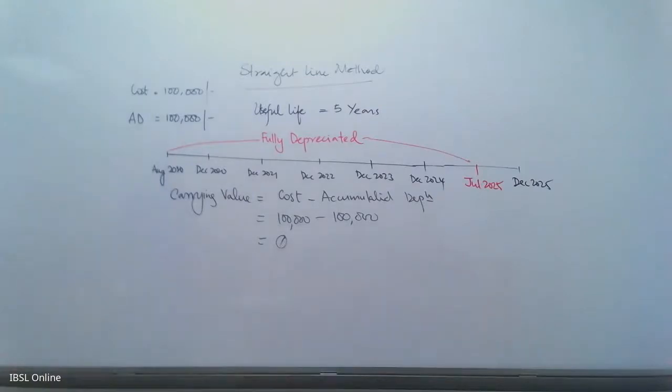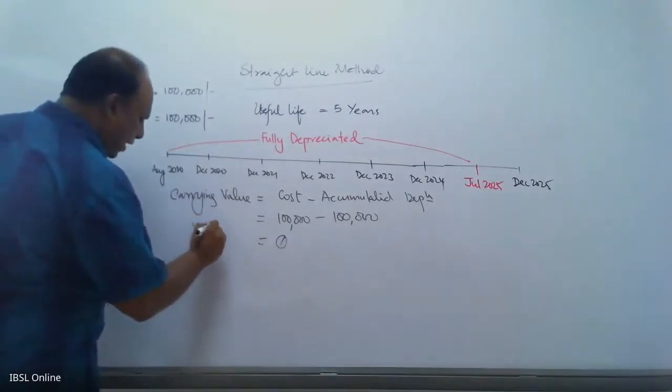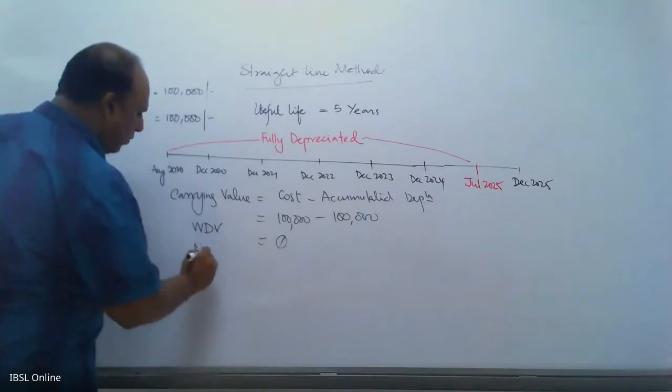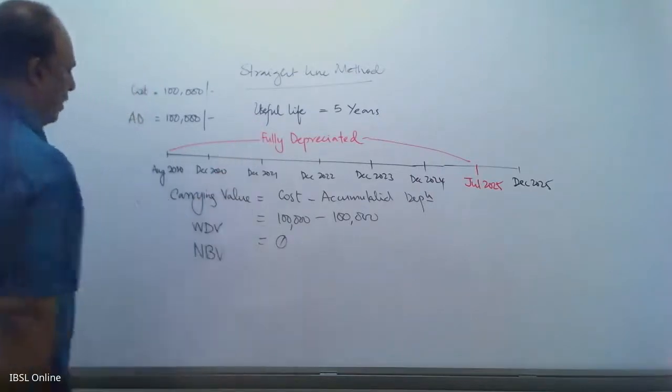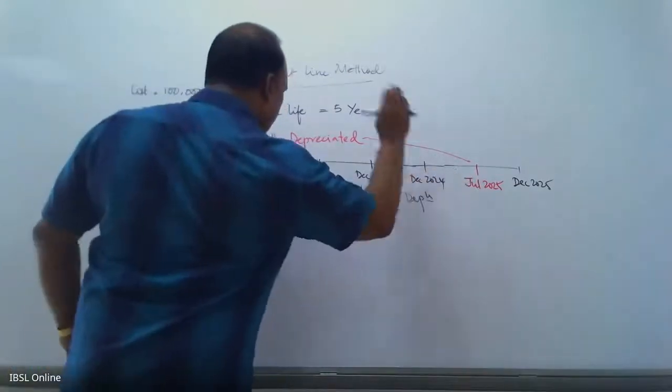So that is what this point is. Suitable for assets which have a specific effective lifespan, at the end of which the written down value will approach 0. We call this with several names. We can call it written down value, net book value. All these names are same. Or even we can call it carrying value at this point.